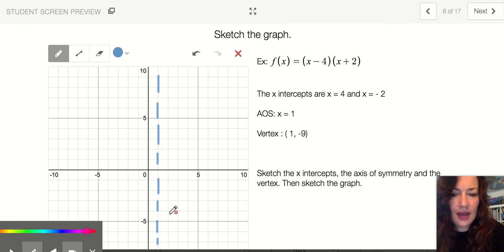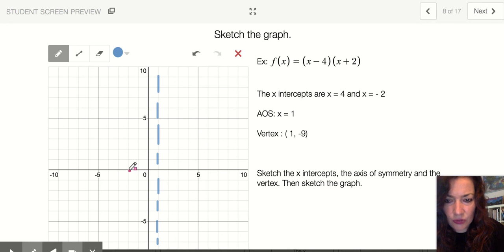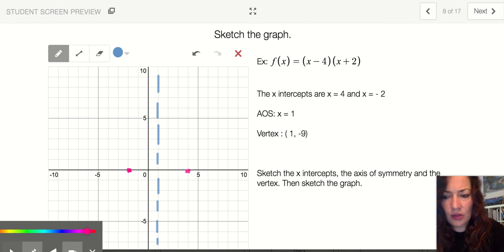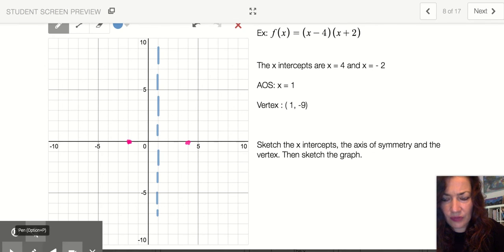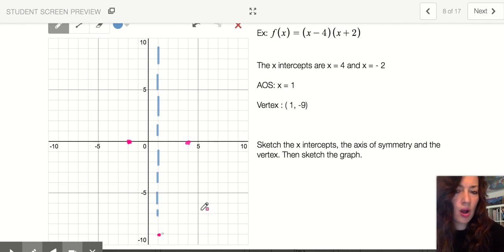I have the x-intercept at negative 2, so I have a point here. And I also have an x-intercept at positive 4, so I have a point here. Okay, so the intercepts are an equal distance away. And the vertex is 1 comma negative 9. So I'm going to go down to 1 comma negative 9, which will be right here. And we can draw our graph with these 3 points.